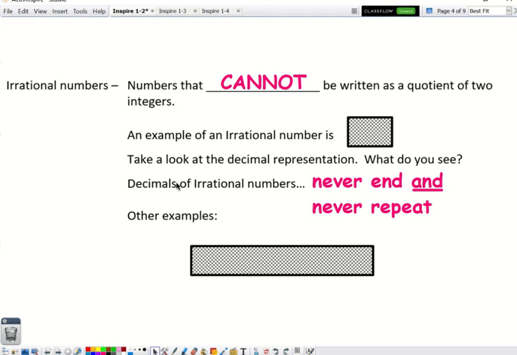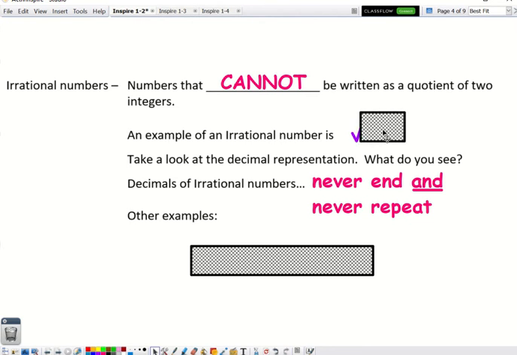So the decimals of irrational numbers never end and they never repeat a pattern. They're just crazy. They're irrational. The word irrational is a pretty good name, because of how the decimals act. They're crazy, random, out of control, no pattern, and it goes off forever.